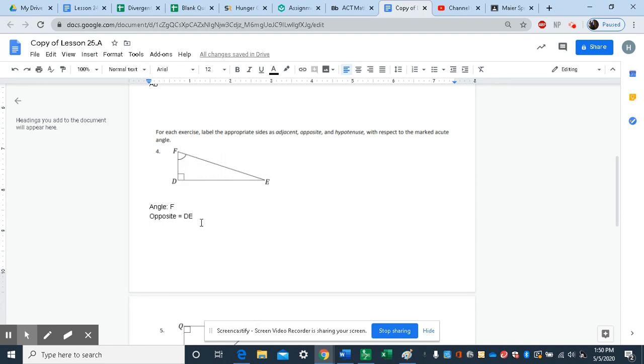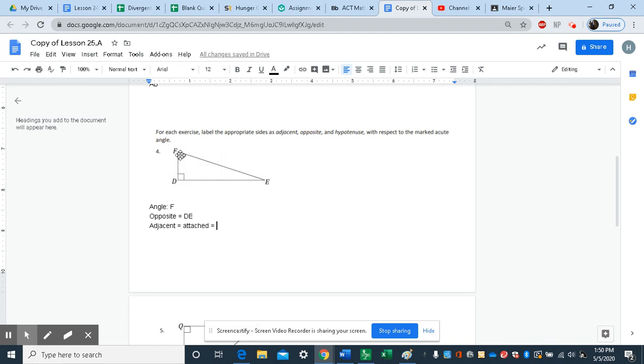Now, adjacent. Adjacent means the side that's attached. So it's the side that's attached that isn't the diagonal.